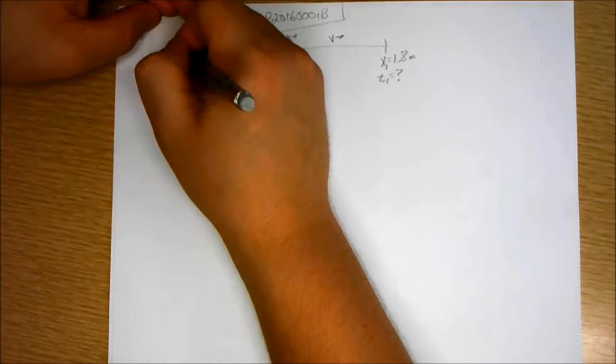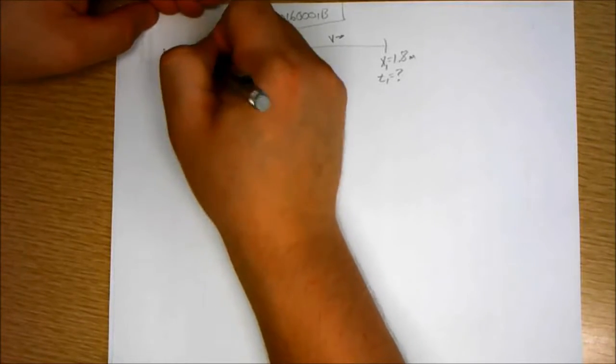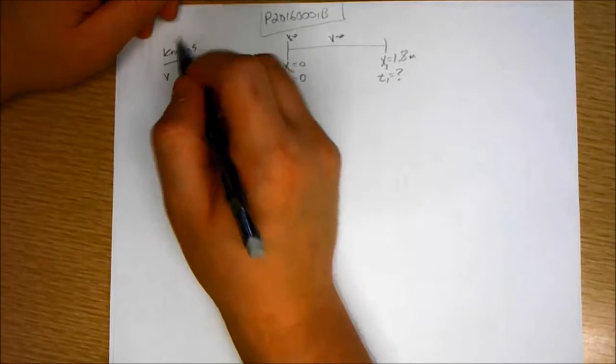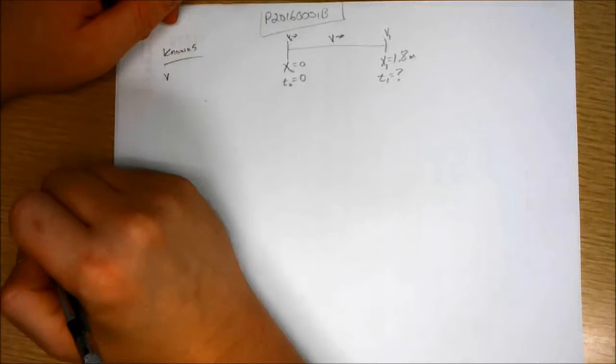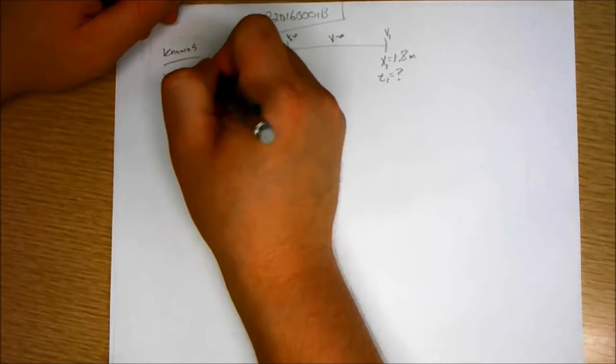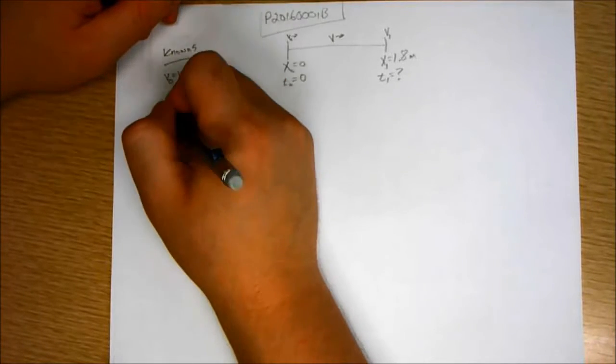So if I write over here in my knowns column, I can write V, well, you can write V1 as well. V0 equals V1 equals 110 meters per second.